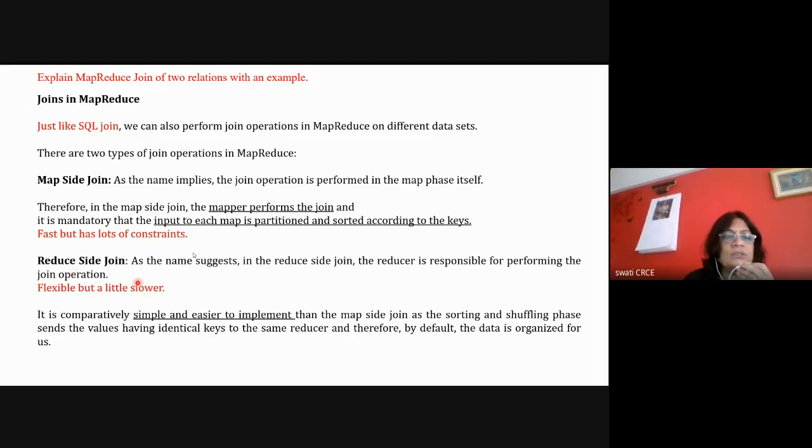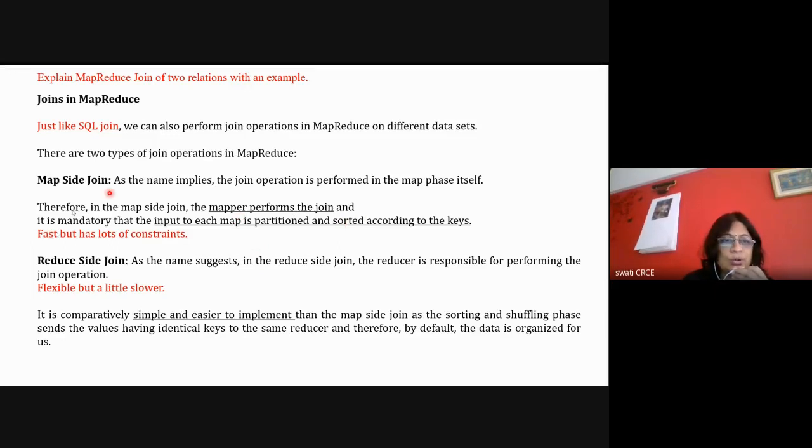There are some pros and cons in both methods. In the case of map side join, the mapper performs the join, so it is mandatory that the input to each map is partitioned and sorted according to the keys. The mapper is working very hard in this case because everything is done at the mapper side, and then simple shuffling and reducing is done afterwards.